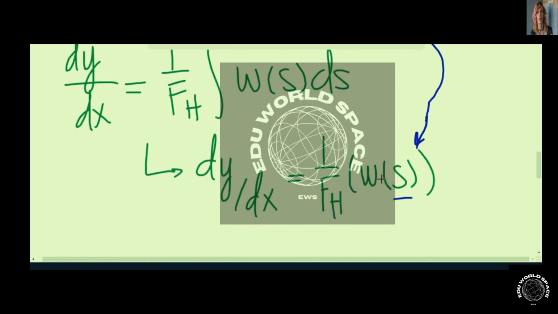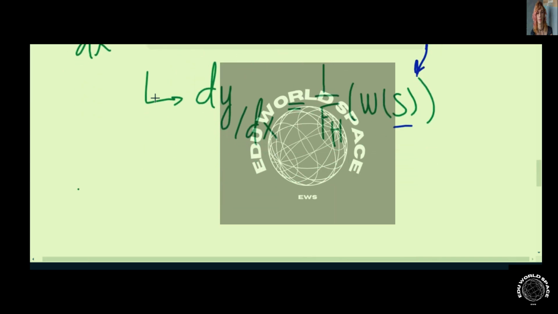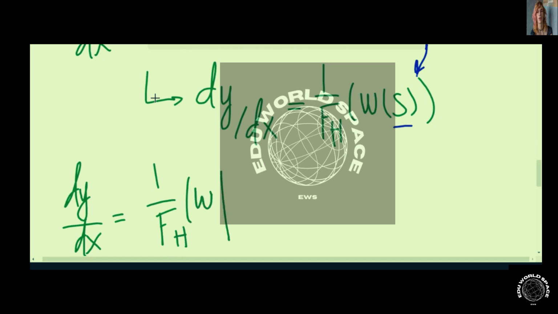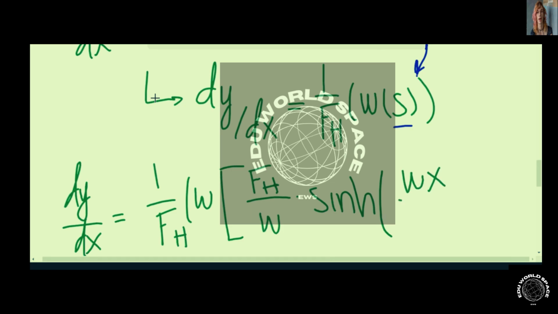So if we plug in this function of s and substitute it in, we'll get that dy over dx equals 1 over f sub h times w times f sub h over w times the hyperbolic sine of w times x over f sub h.